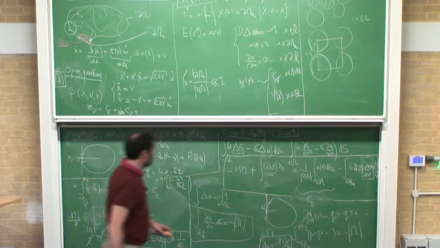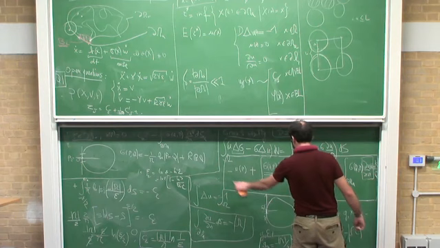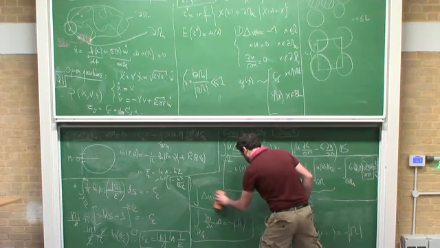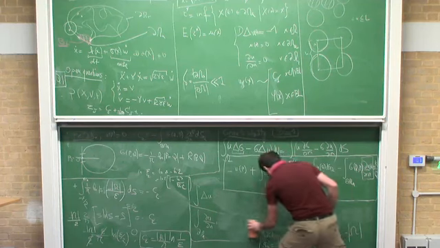We have now C epsilon. So if we go back to this equation, what have we found?